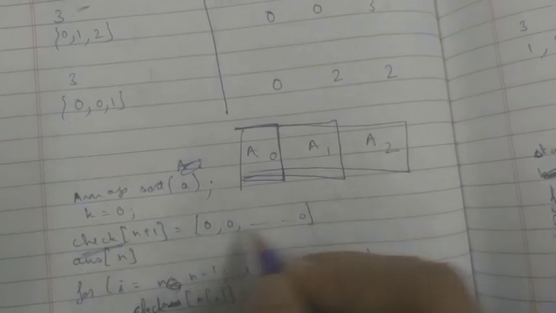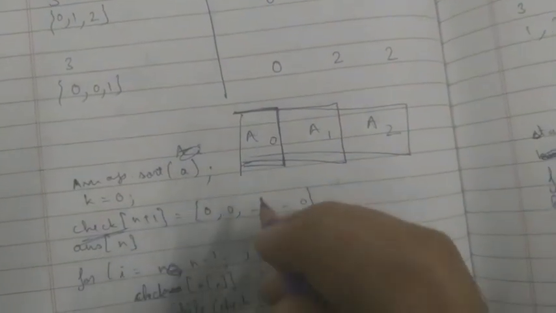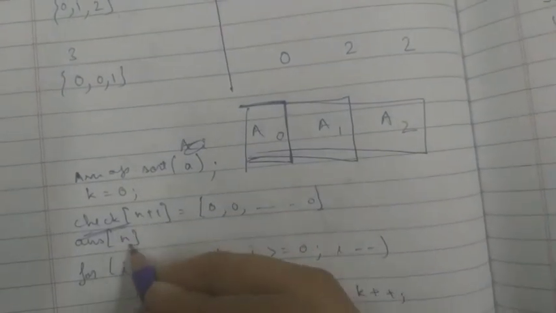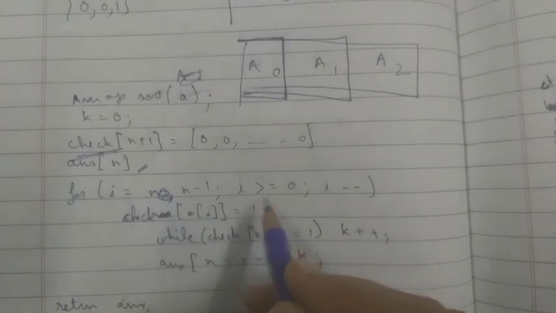Every element will have 0 frequency, and once we find something, we make it 1, so that we can detect the first non-negative number. The answer is the array that I am going to return. Since it has been sorted, we have to search from the largest number. So i equals n minus 1, i greater than or equal to 0.